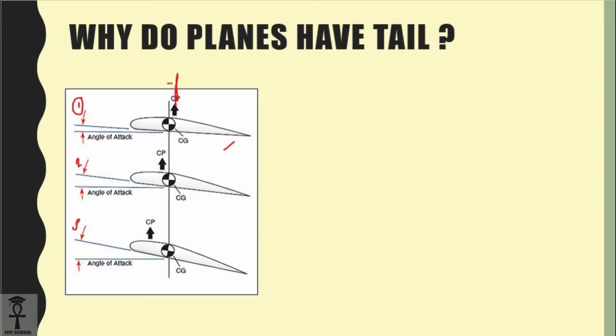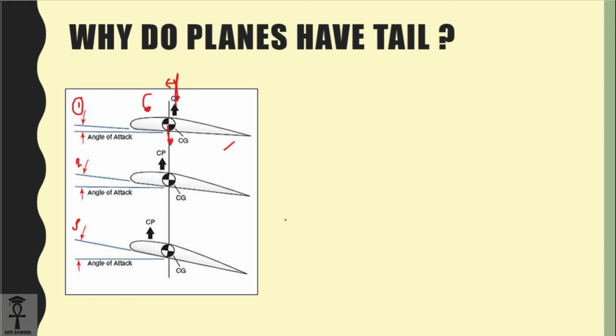This is the distance between them, right? The CP was behind this. Due to this, a couple will be generated, as the CG has some weight acting in this direction. A couple will be generated in this direction, that is the anti-clockwise direction.